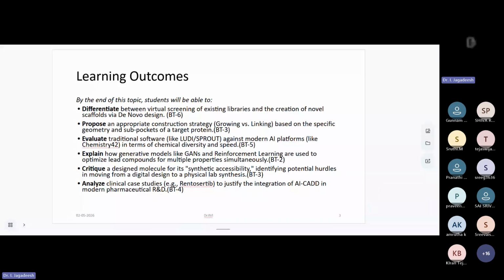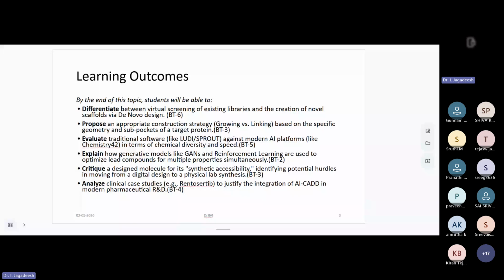We are going to have two strategies, which you are already seeing: growing and linking strategy. This is based on Bloom's taxonomy level 3. You have the first one, memorize, the second one, understand, and the third one, applying. So where you are going to apply which strategy, you will be able to know.